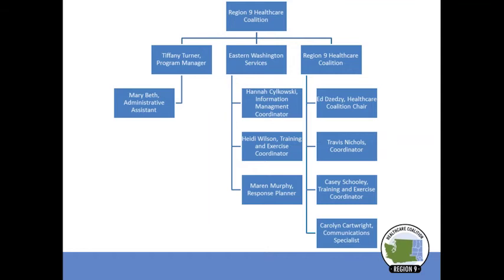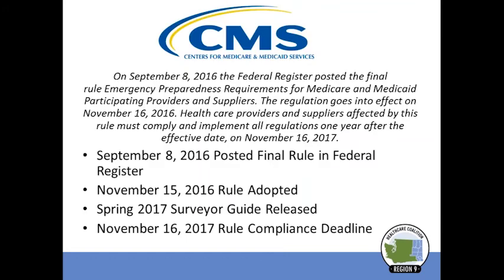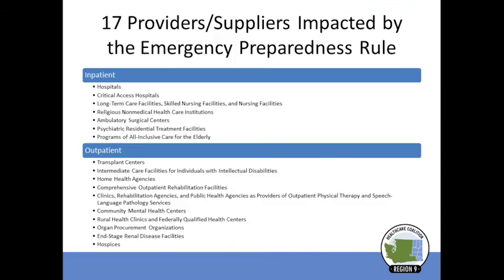As you looked at the general overview of the CMS rules, really focused on these things. Making sure the facilities have emergency plans. Making sure that the facilities have their policies and procedures of how to implement those plans. And a lot of that is not only internal facility policies, procedures, and planning.